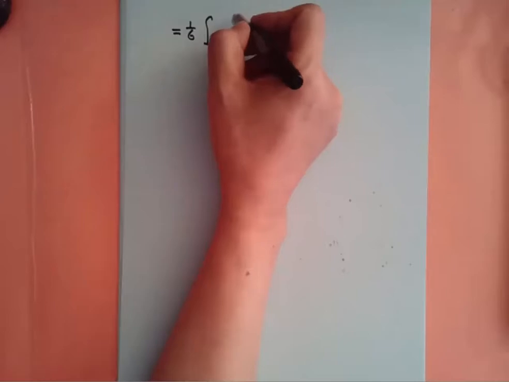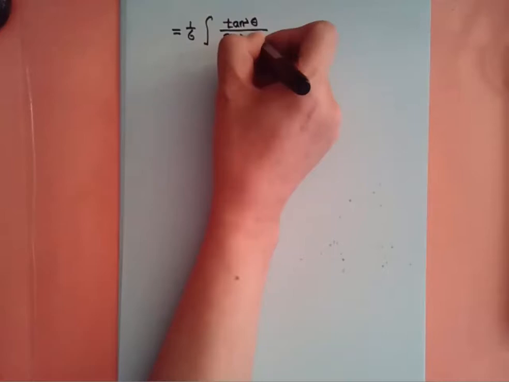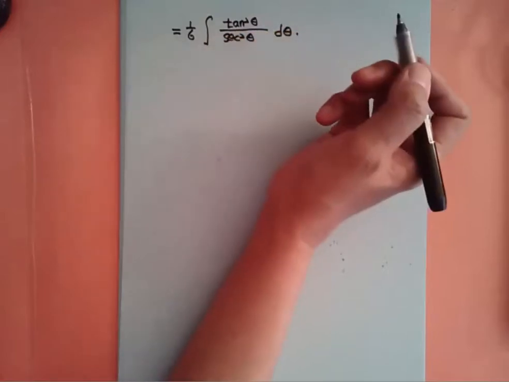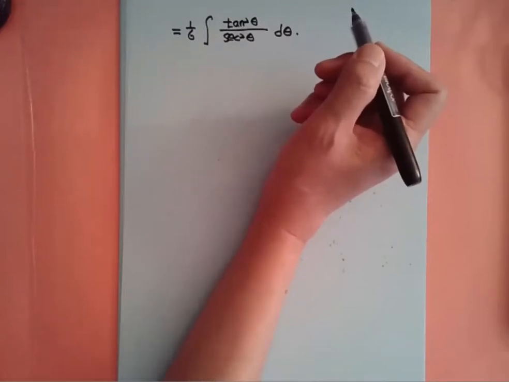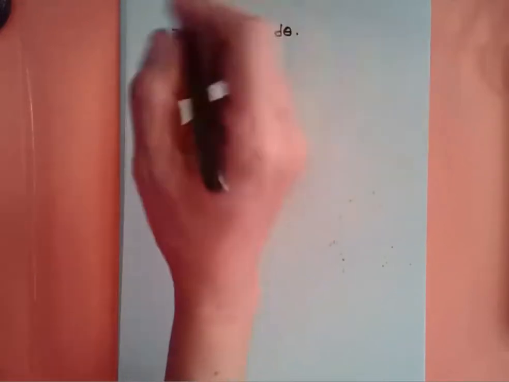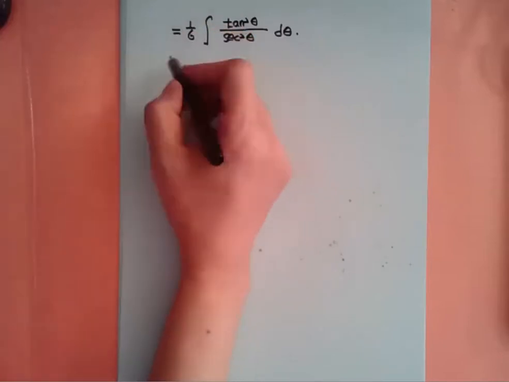The numerator will have tangent squared of theta, and the denominator will have secant squared of theta d theta. Now we have to do simplification. Let's do that.